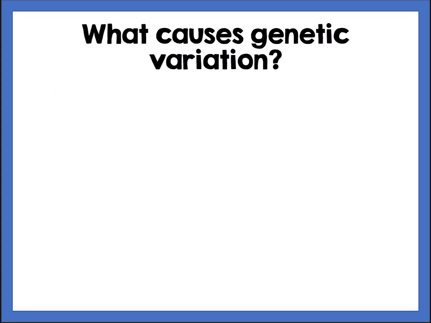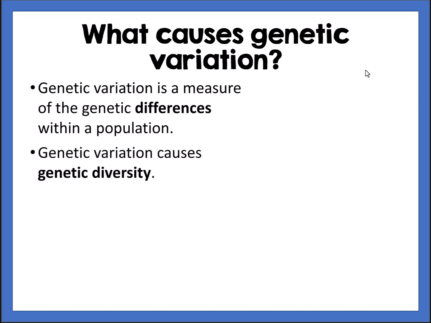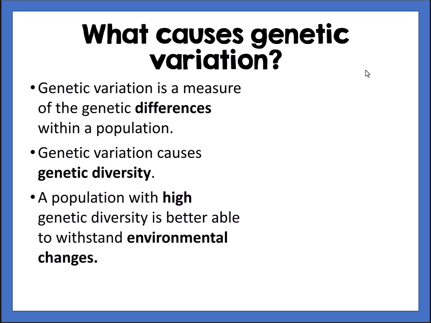So we know that genetic variation exists, but what exactly causes genetic variation? Well, genetic variation is simply a measure of the genetic differences within a population, and it causes genetic diversity. A population with high genetic diversity is better able to withstand environmental changes.